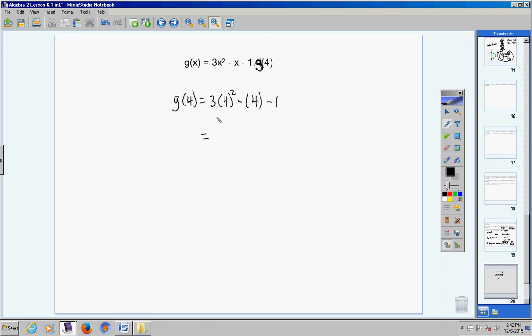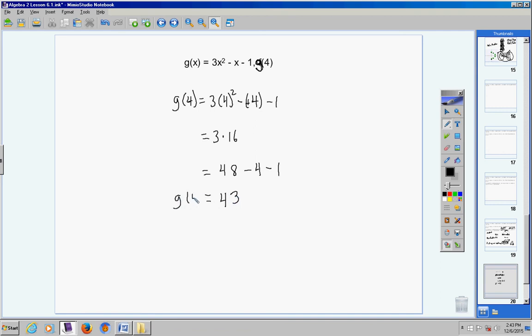Alright, now, do not multiply your 3 and your 4 first, okay? You first square the 4. So I have 3 times 16, because 4 times 4 is 16. So then I have 3 times 16 is 48. Negative times a positive 4 is negative 4, and then negative 1. Okay? So if we simplify all this, we would get 43.